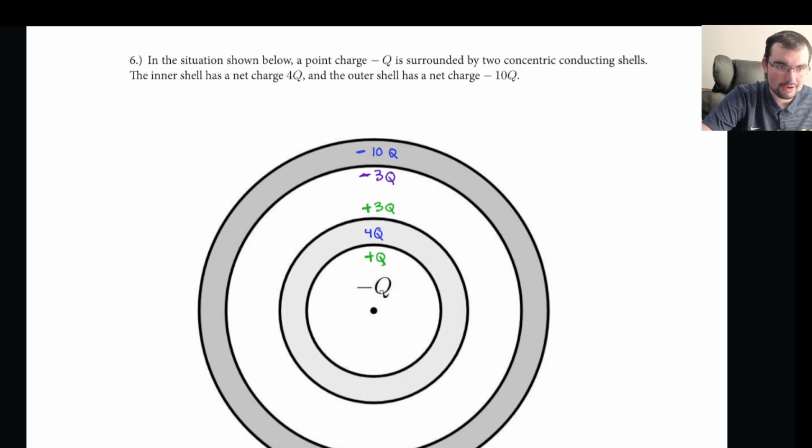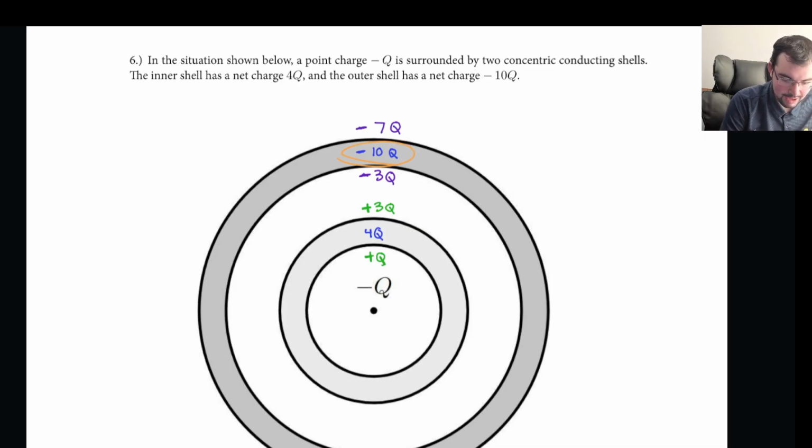And then what about the outer surface? Well, I have negative 10Q to give away, and I've already given negative 3 of them to this inner surface, so that means the remaining negative 7Q must go to the outer surface. We could have also proven it with the net charge rule, because again, we have a negative 1, a plus 4, and a negative 10.